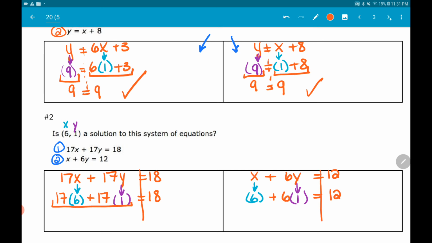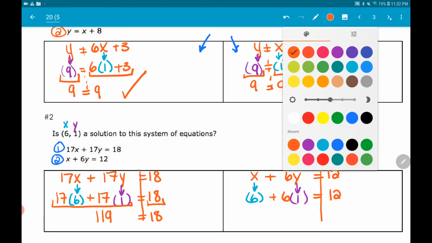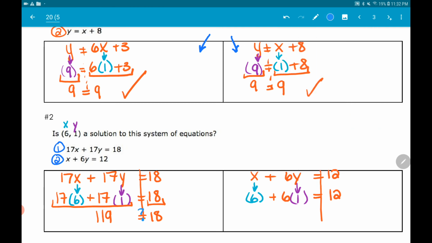So I plug that in my calculator, and I'm going to bring this down. When I plug this in my calculator, I got 119. Is 119 equal to 18? Does that make sense? Nope. So I put an X.